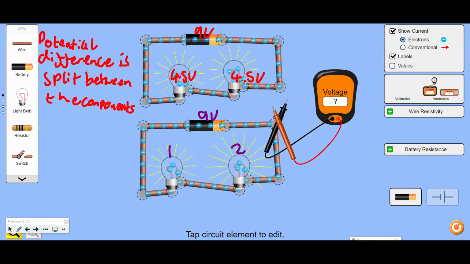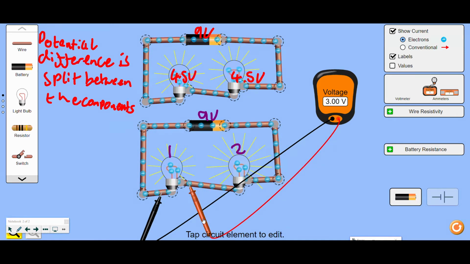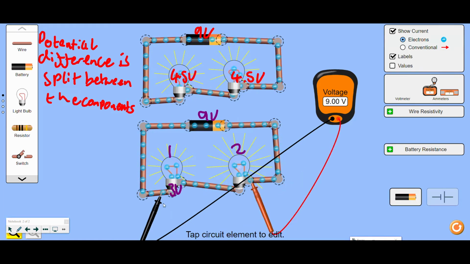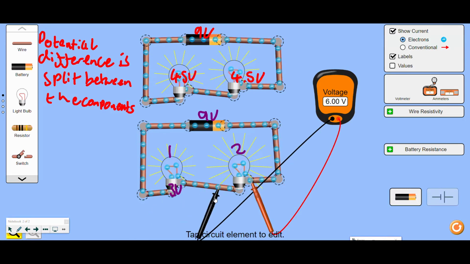And if we have a look at the potential difference of these, let's look at bulb number 1 first. Bulb number 1 has a potential difference of 3 volts. So if I was given this information, I should now be able to work out the potential difference of bulb number 2. Because I know that the total is 9, and bulb number 1 is 3 volts, bulb number 2 must be what's left, which is 6 volts.